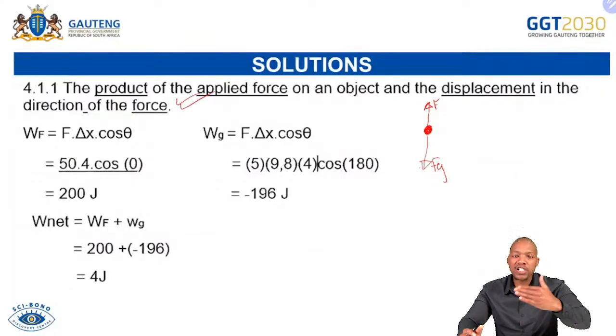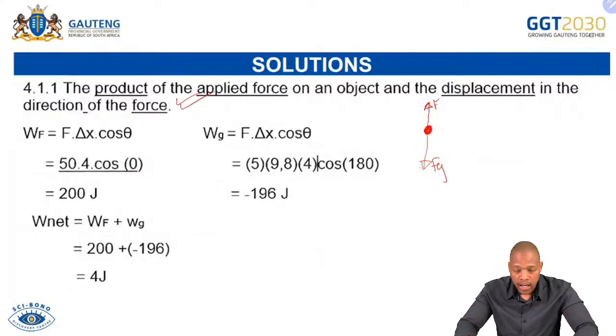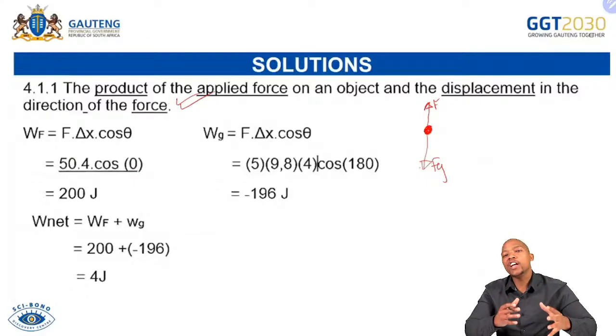So the force applied and the force of gravity are the forces that are going to be doing work on this object. We've identified them here. There is no frictional force; let's assume no air resistance. So there are only two forces: the force applied and the force of gravity. For us to calculate the net work done, we have to calculate the work done by the force applied.